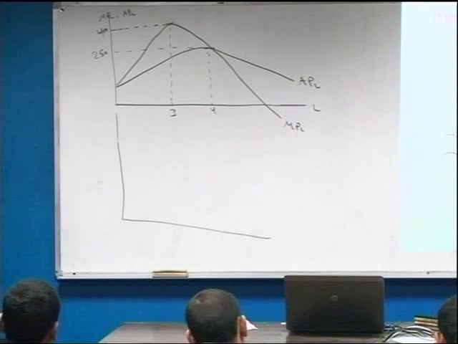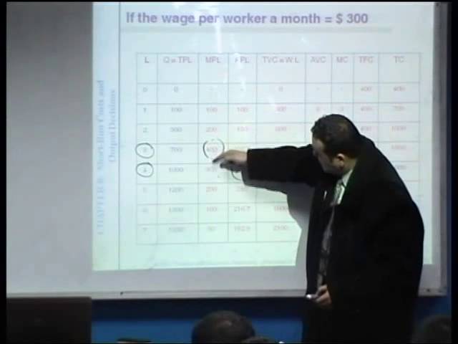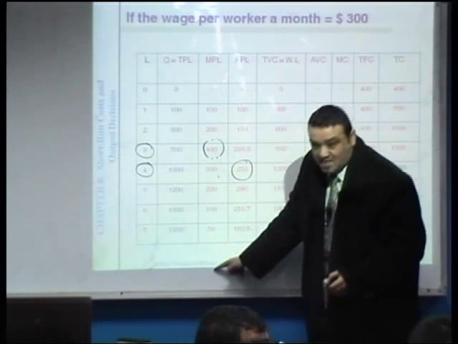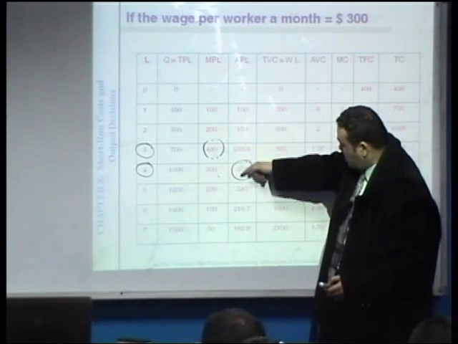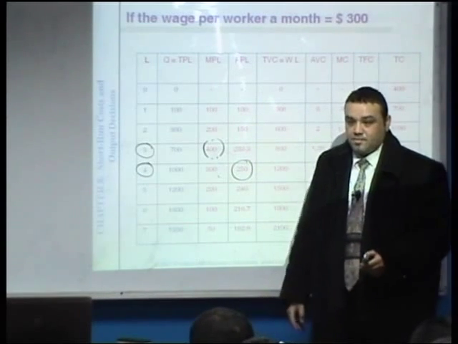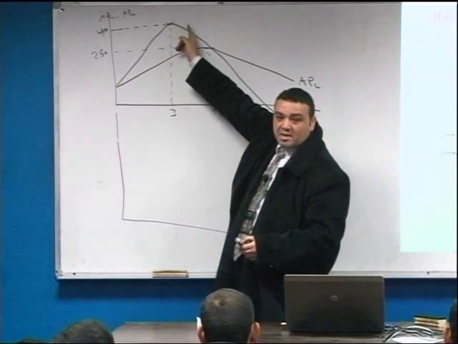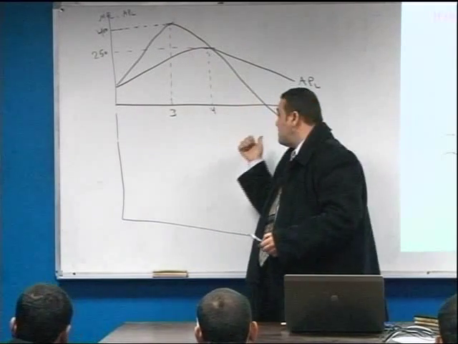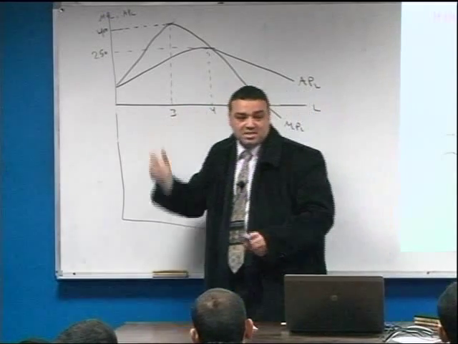Let's come back to the table. As you see, MPL is increasing and then decreasing. APL is increasing and then decreasing. So it's positive and reaches a peak, then decreases. It might equal 0 and then become negative.